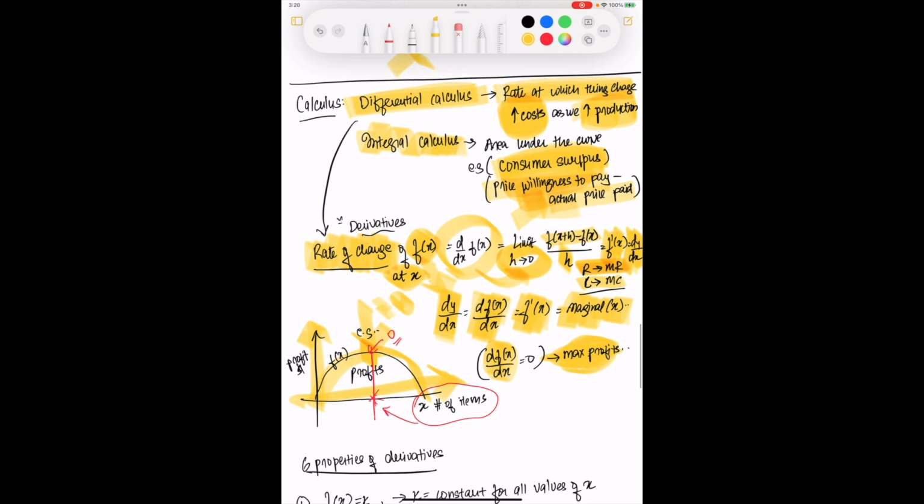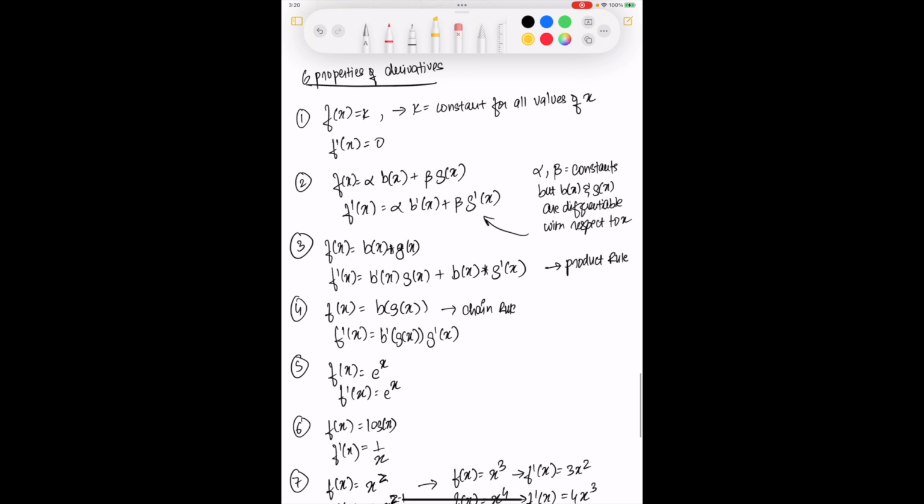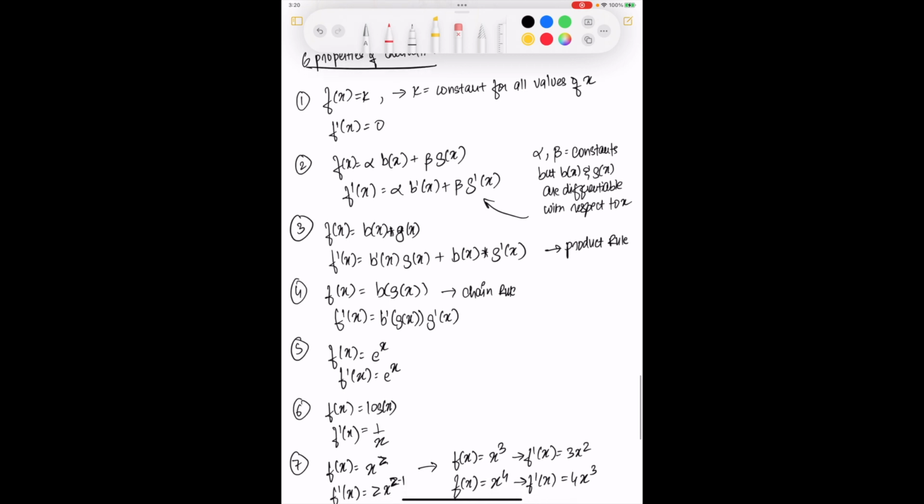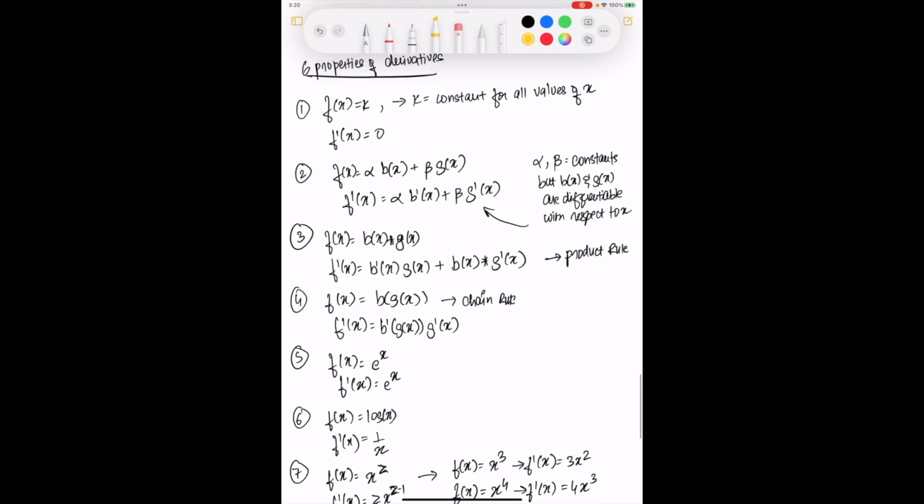Yeah. So there are 6 specific properties of derivatives that you need, actually 7, and that's all that you need to really master some of the things that are applicable in a microeconomics class and some assumptions that are needed for derivatives.